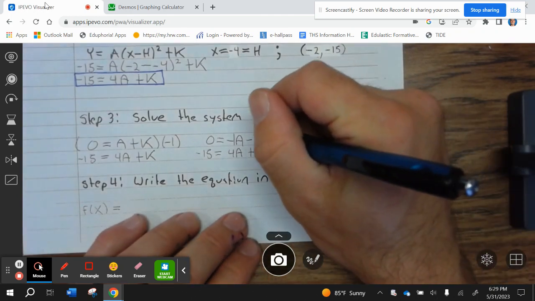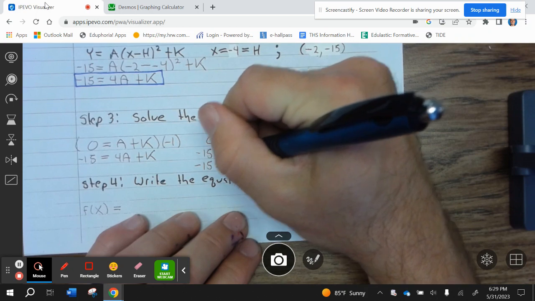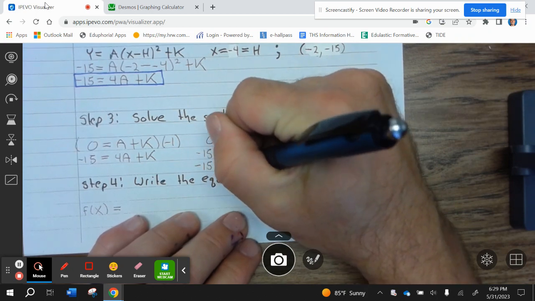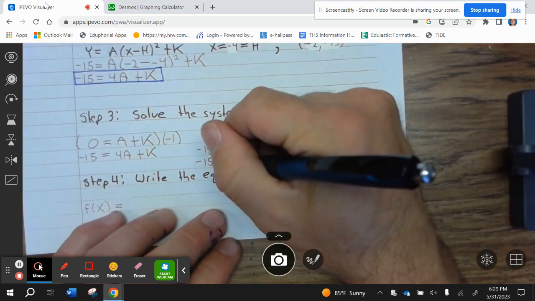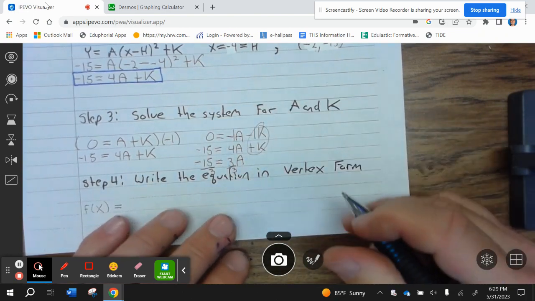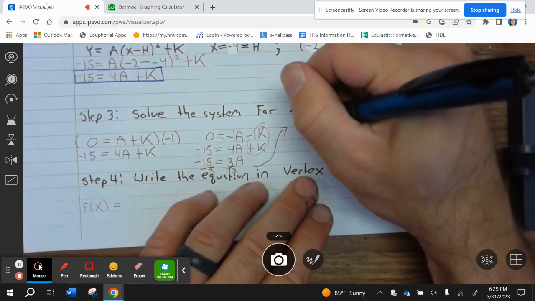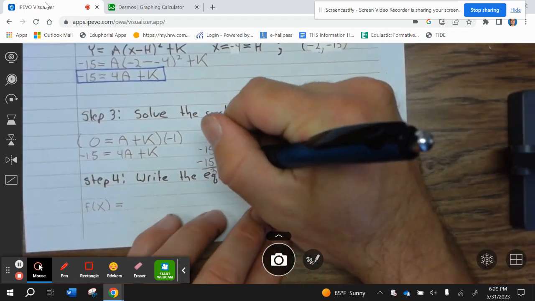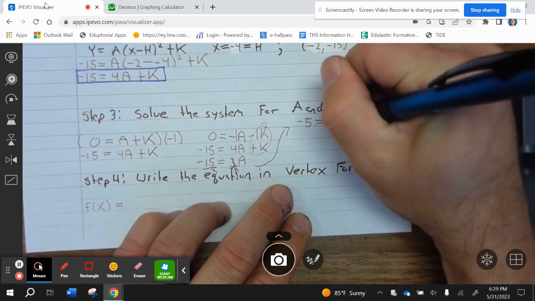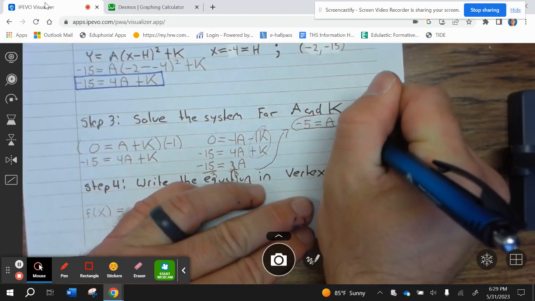Well, this becomes 0. You get negative 15 equals negative 1a plus 4a is 3a. If we divide this by 3 and this by 3, negative 15 divided by 3 is negative 5, equals a. So we have our a value.